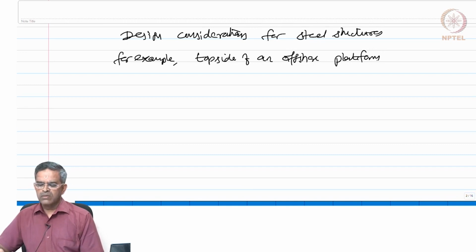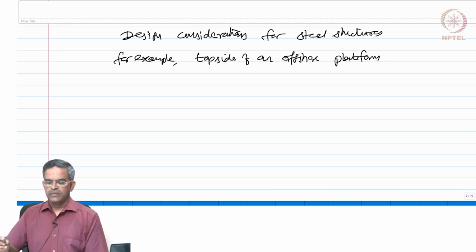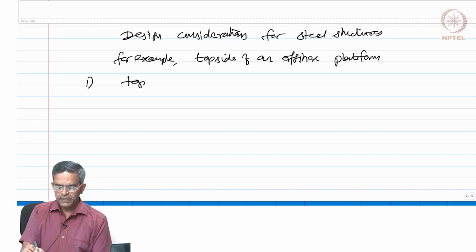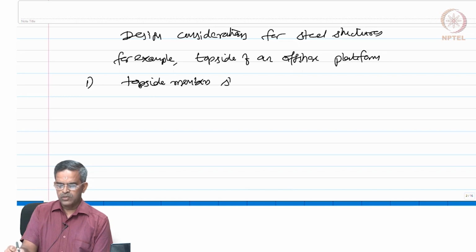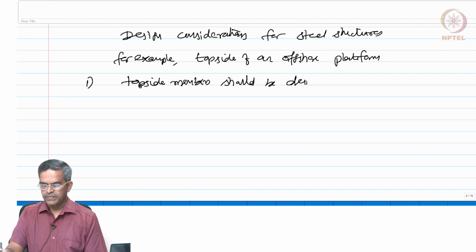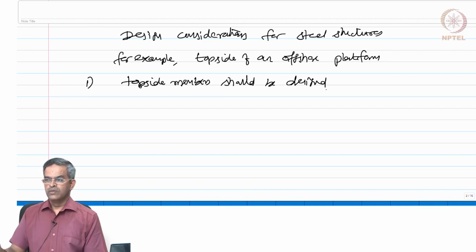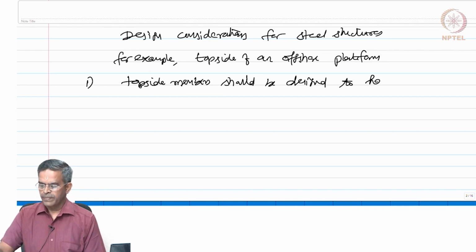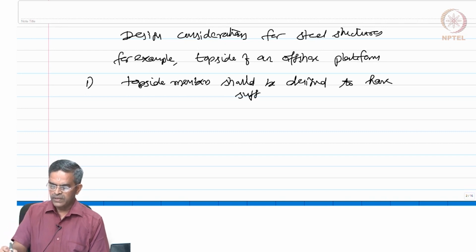Let us talk about the design consideration which you have for top side structures. Okay. So, the first condition should be that the top side members should be designed to have sufficient reserve strength.